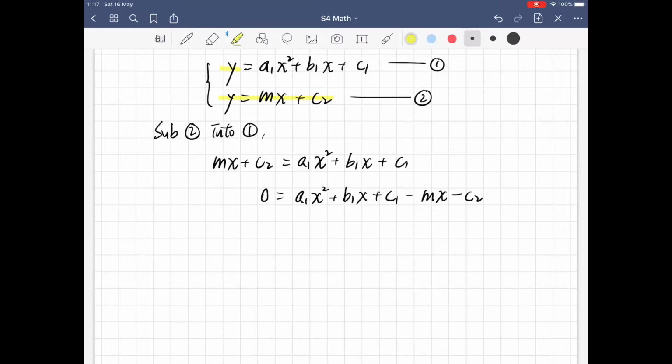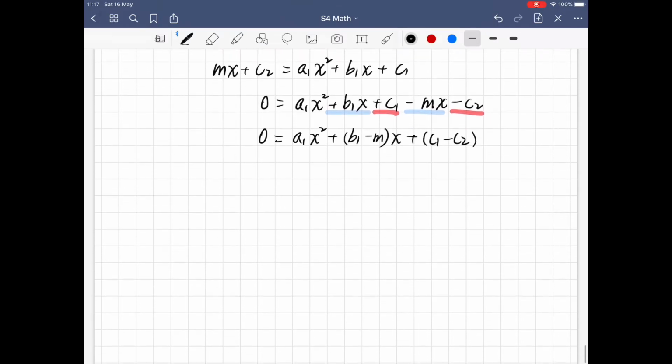Then we can simplify it by grouping the like terms. So for plus b1x, we can combine with minus mx. And for plus c1, we can combine with minus c2. And we have a1 x squared plus b1 minus m x plus c1 minus c2.